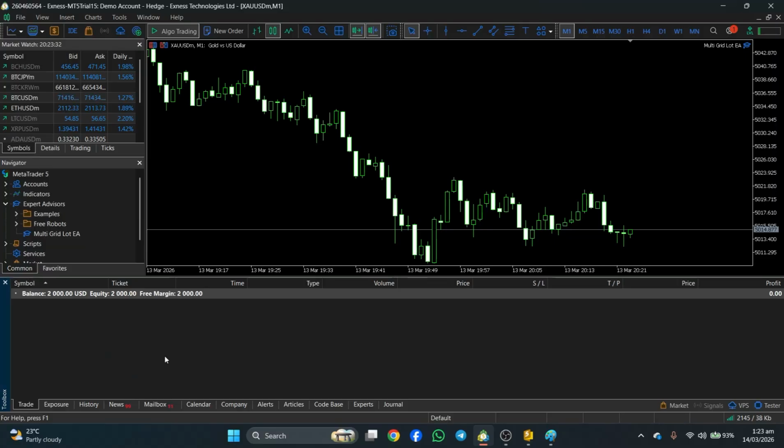It will work on candle close. Whenever the candle closes, it will place a buy and sell trade. Okay, let's see.